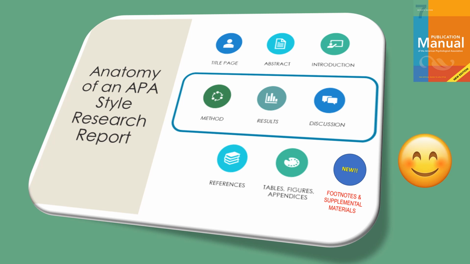So footnotes are used to provide additional information or to attribute copyright for something. And supplemental materials are only used for papers that have been published in online journals. And these supplemental materials can be in the form of audio clips, video clips, templates, worksheets, and so on. As a student writing papers in school, you probably will not be having to use footnotes or supplemental materials.